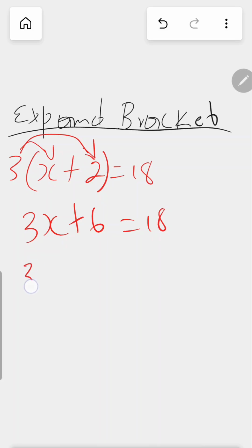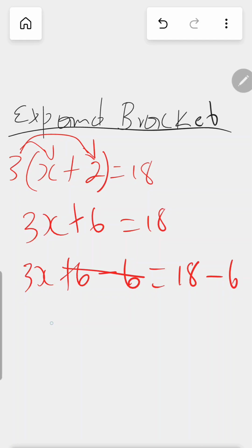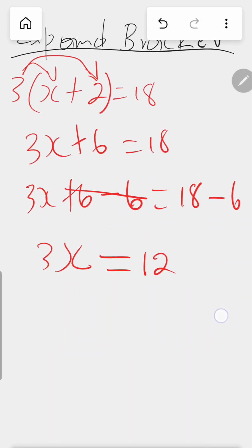So we'll say 3x plus 6 minus 6 equal 18 minus 6. Whatever we do to one side, we do to the other. And we therefore get rid of the constant on this side. So we'll end up with 3x equal 12. 6 from 18 gives you 12.